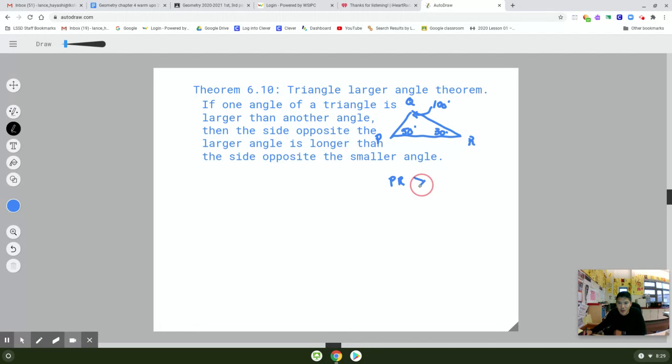The length of PR would be greater than the middle side, which would be opposite the middle angle. 50 degrees is the middle angle there. So the middle side would be side QR. And then the shortest side would be side QP or PQ. So this is ordering each of the sides from longest to shortest, using specifically an inequality.